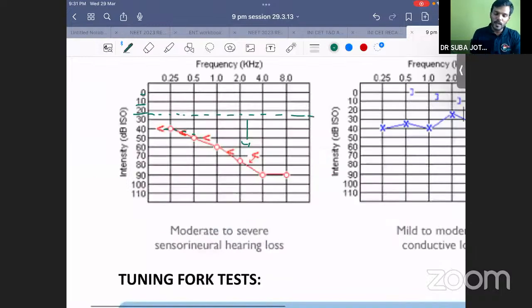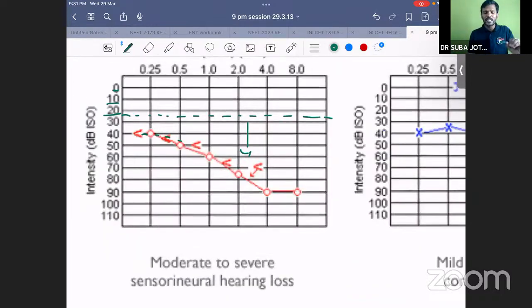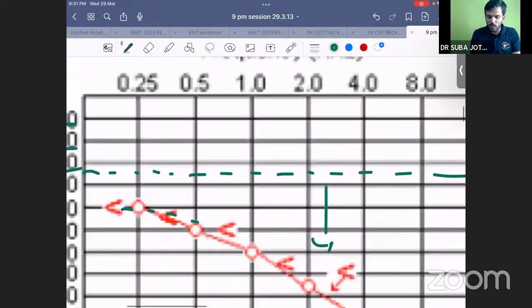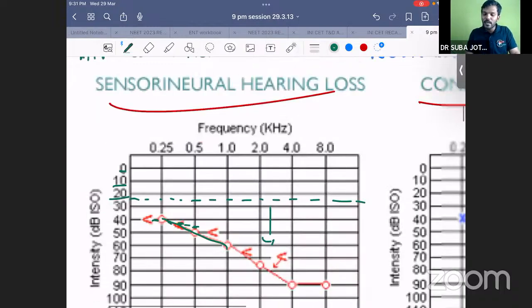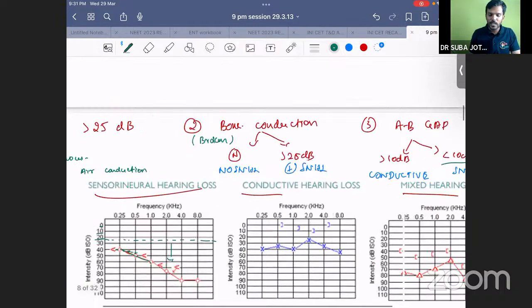Now you look, both the curves are more than 25 decibel, so there should definitely be sensory neural hearing loss present. Thumb rule number 3, air-bone gap. We have two curves over here. The broken lines and continuous lines are superimposed with each other. This phenomenon is air-bone gap less than 10 decibel. So this is a pure sensory neural hearing loss.